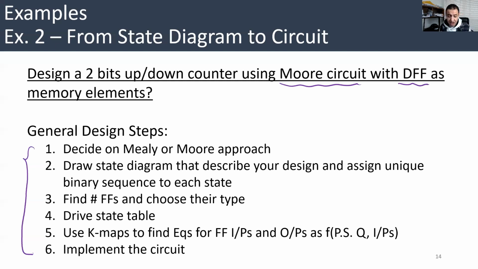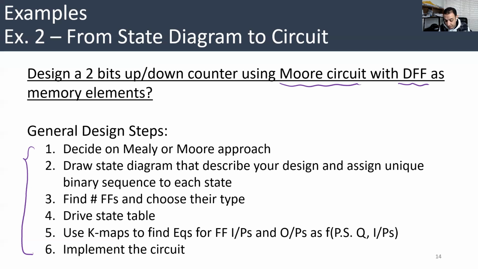So the steps are as follows. First, you choose what kind of approach you're going to follow. Is it a Mealy circuit or a Moore circuit? Each one has its own pros and cons. We're going to explore these pros and cons at the end of this week, in the second lecture, by example as well. Then we convert the requirements, the functions that we want to implement, into a state diagram.